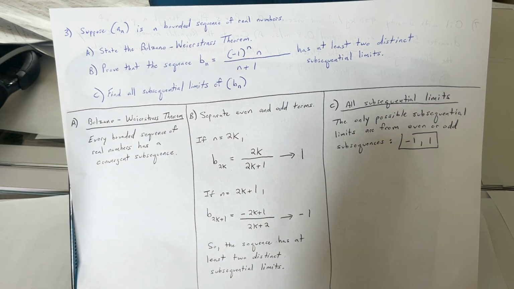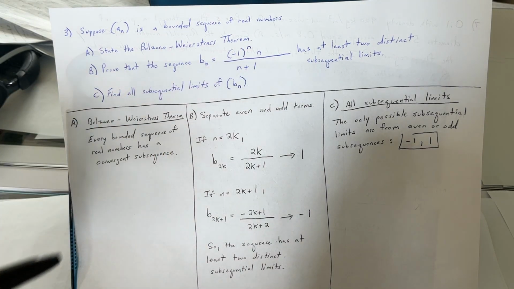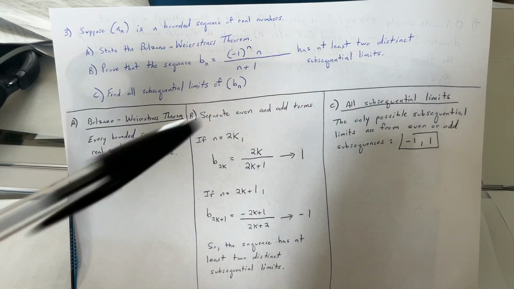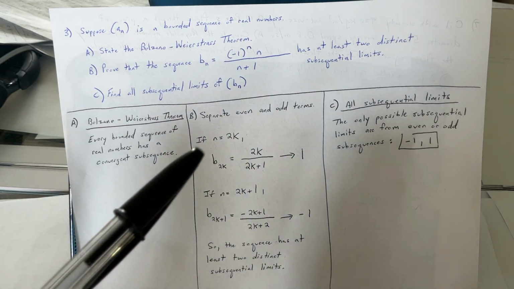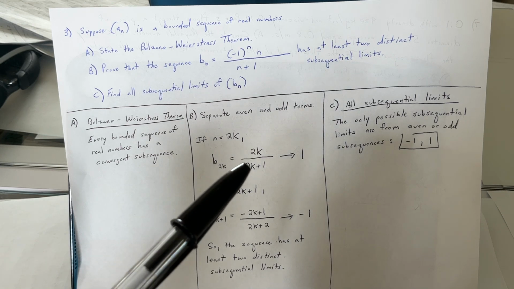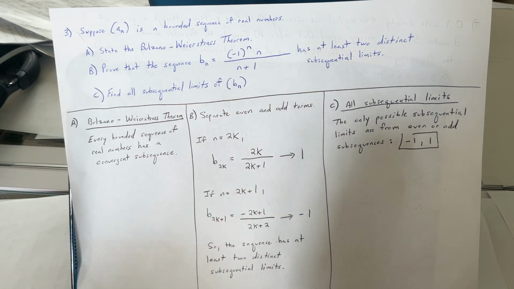For part B, prove that the sequence b sub n equals negative 1 to the n times n over n plus 1 has at least 2 distinct subsequential limits. Here's what we do. Separate the even and the odd terms. If n equals 2k, let b sub 2k equal 2k over 2k plus 1. That's going to go to 1.